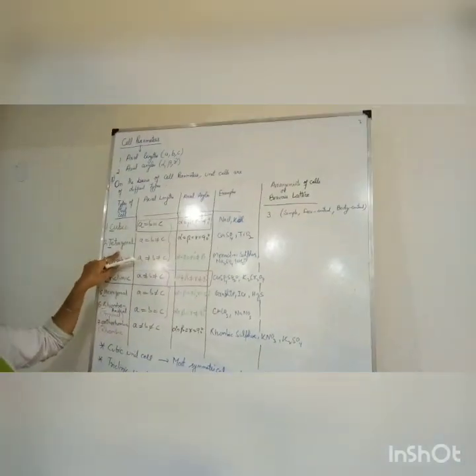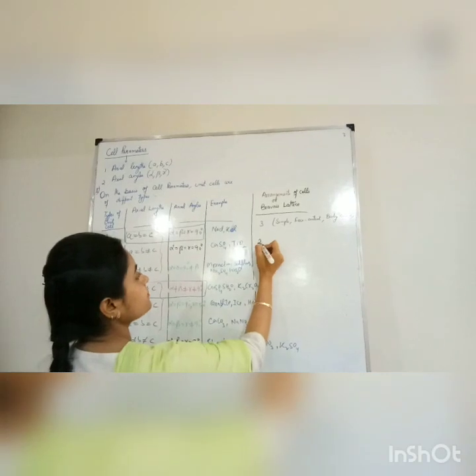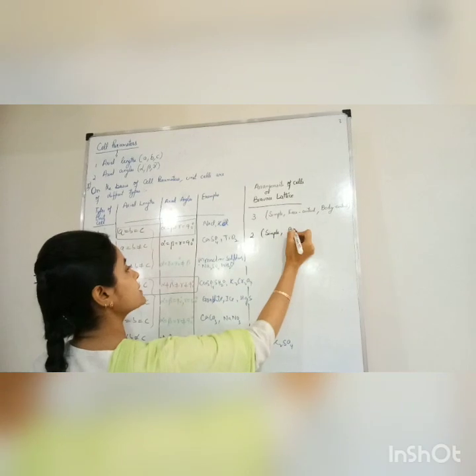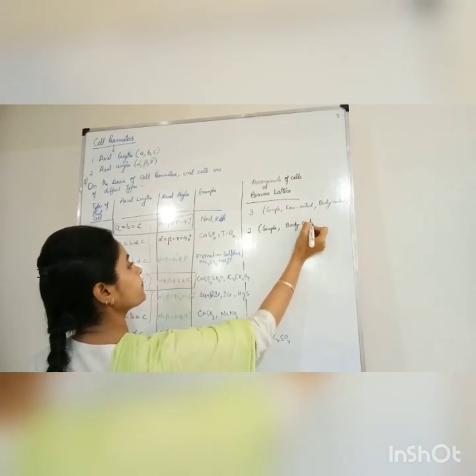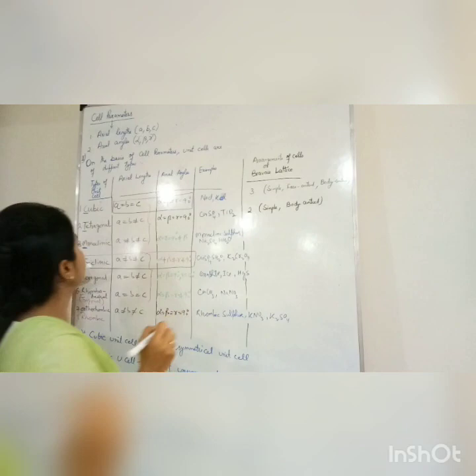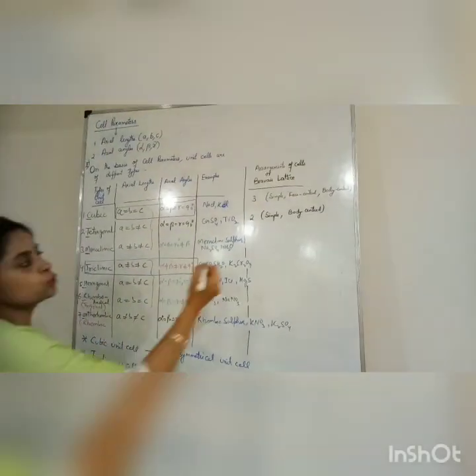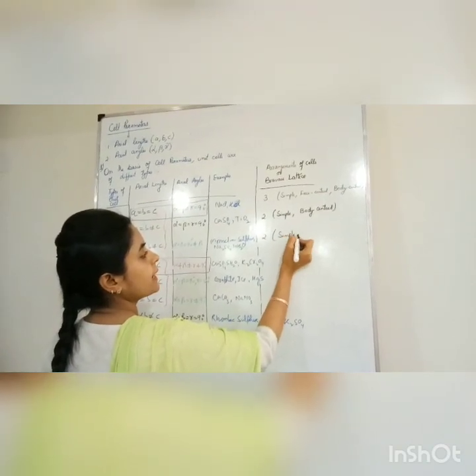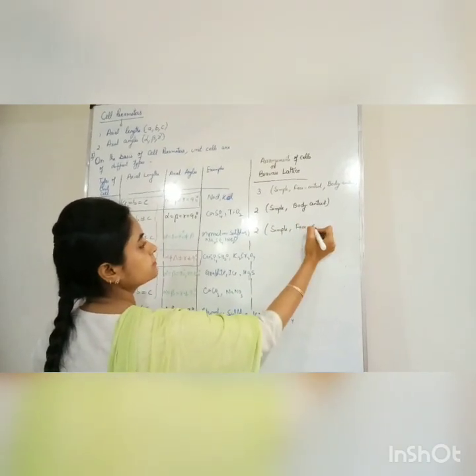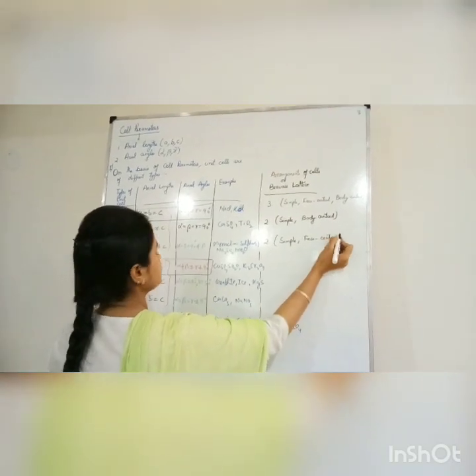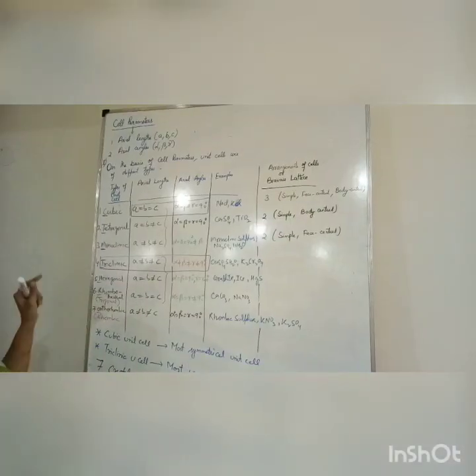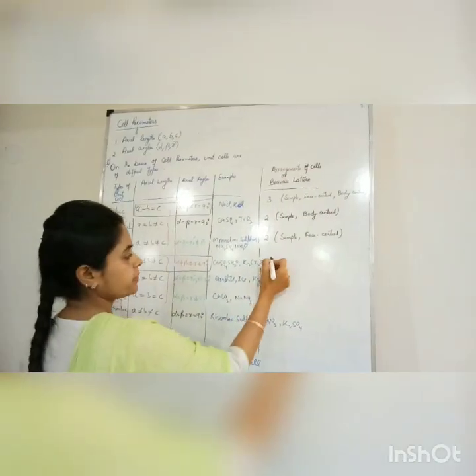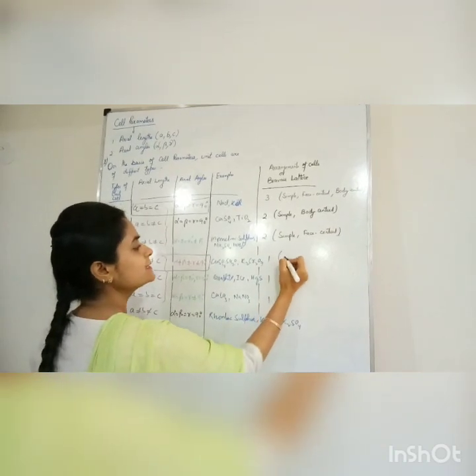In case of tetragonal, there are 2 arrangements, that is simple unit cell and body centered unit cell. Monoclinic also shows 2 types of arrangement, simple and face centered. Triclinic, hexagonal, rhombohedral, these 3 types show 1-1 arrangement, and that is simple.